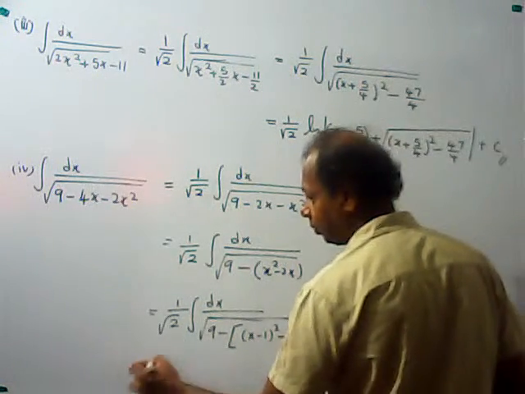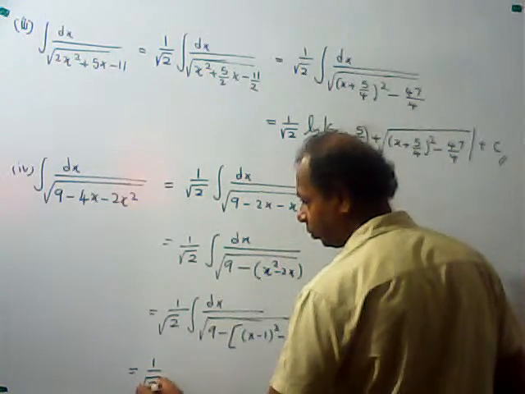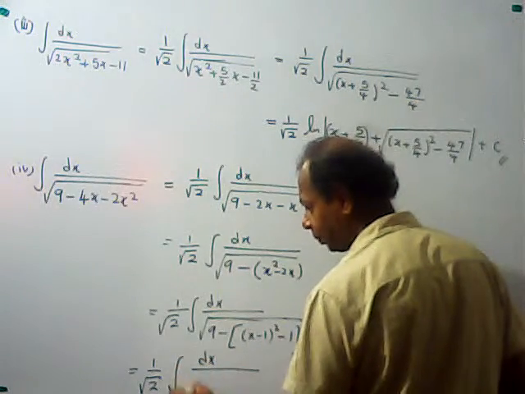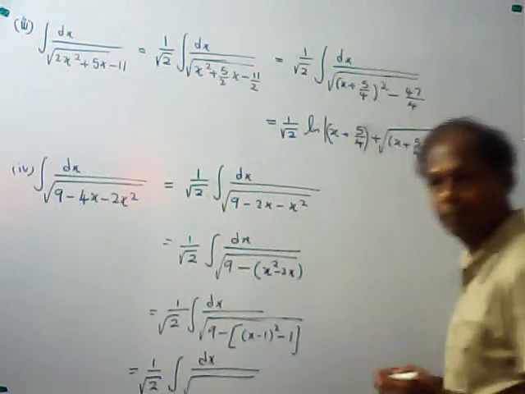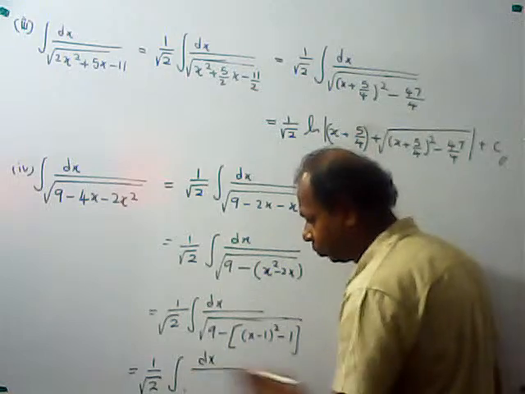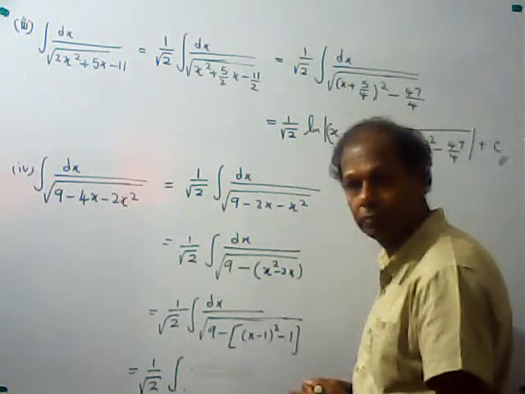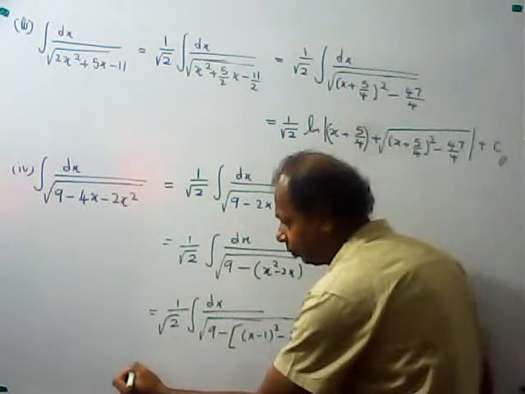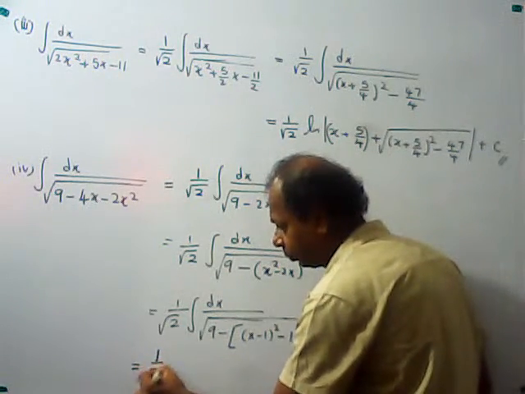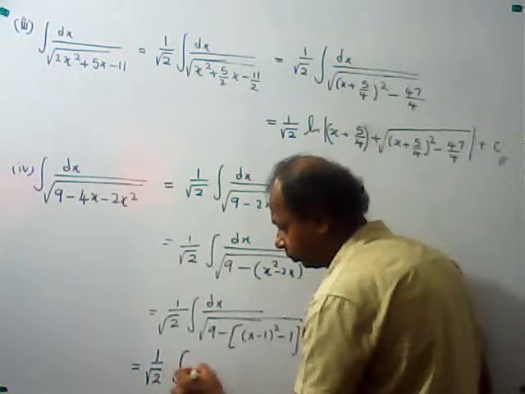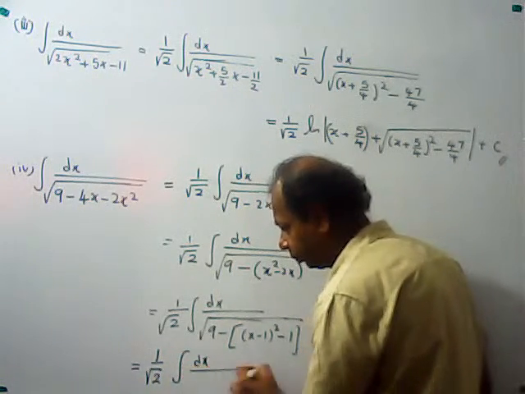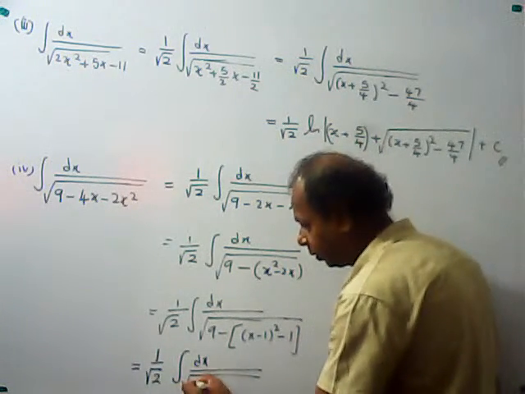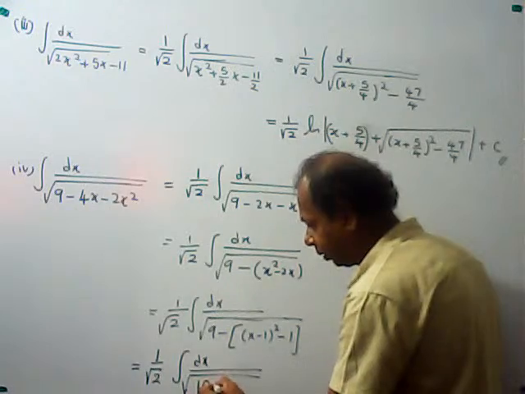So ultimately it is 1 over root of 2, integral dx over square root of 10 minus (x plus 1) squared.